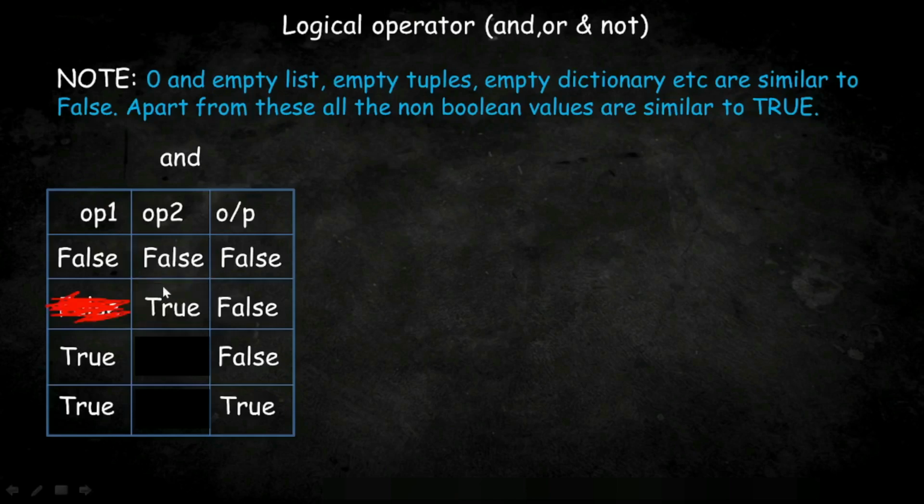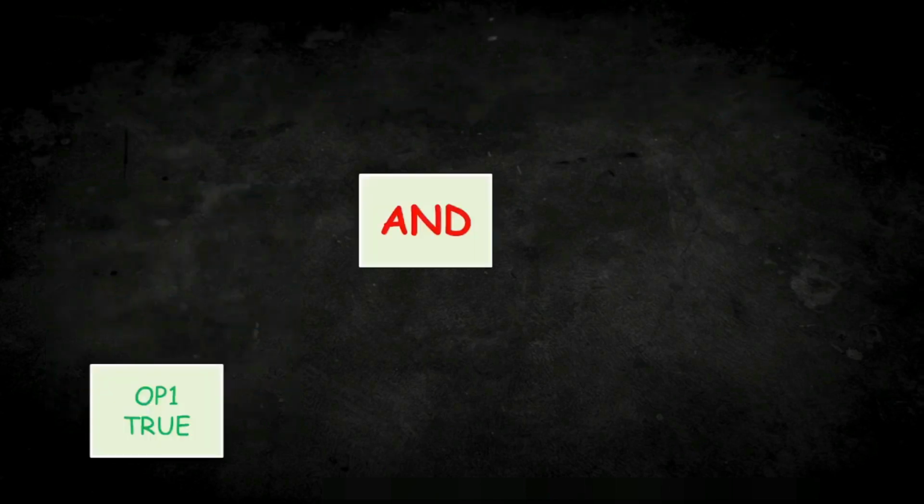Coming to the next observation, here we have true as one of the operands, but we don't know the other operand. Then what will be the answer? Can you conclude something from this operand? The answer is yes. Think about it this way: the first operand is true, so it gives a green signal to the AND operator to print true as the output. But it is not sufficient to print true because we need the second operand also in order to identify the output.